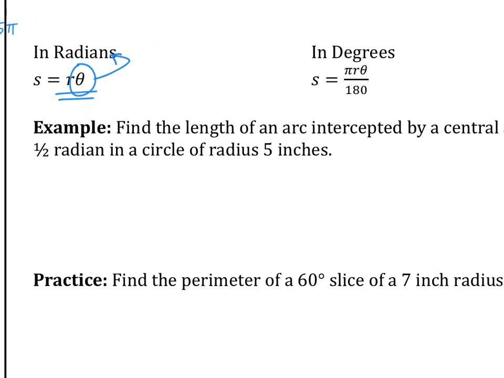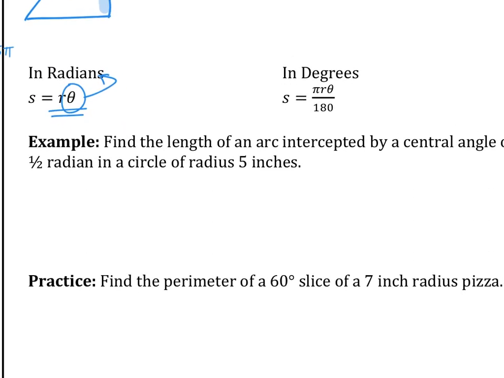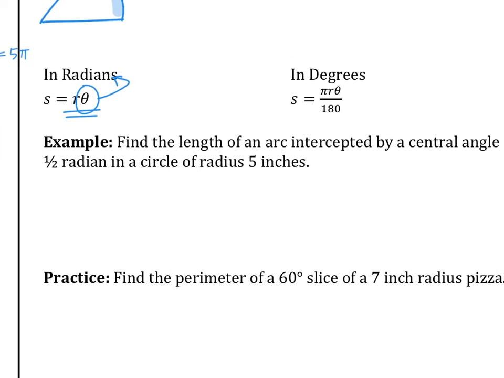Okay, let's do an example. Find the length of an arc intercepted by a central angle of 1/2 radian in a circle of radius 5 inches. All right, let's draw an example of what they're talking about. Central angle, you've got to remember from geometry, means an angle made from the center of the circle. So they're saying this angle is how big?